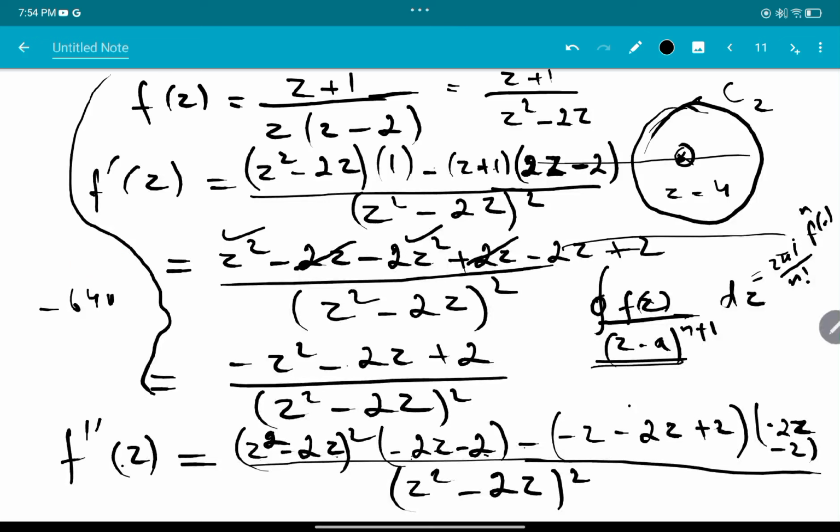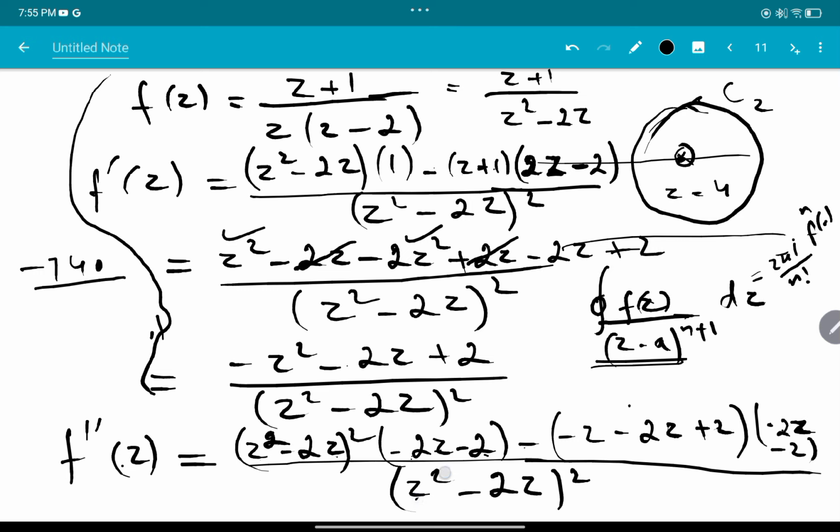This was minus 10, minus 8, minus 2, minus 10. That is 100 plus 100, and minus this. This whole becomes minus 740, then divided by this.